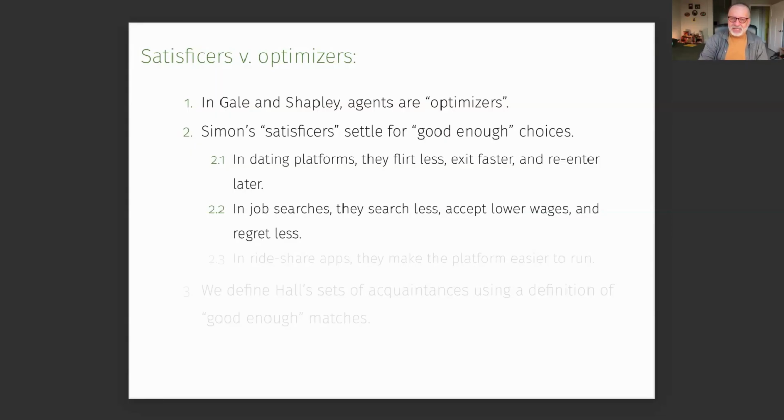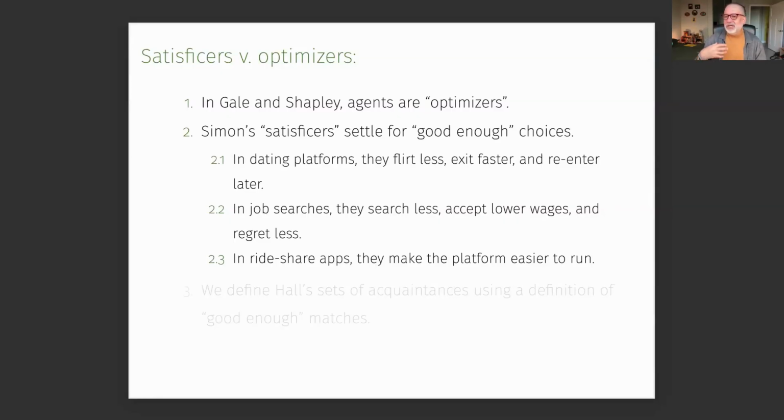And then the last point is a little bit different. This is not an empirical observation, but there are papers in computer science that are trying to see what happens in Uber or Lyft, these rideshare apps, where the current setting is algorithms that always try to find the best match for rider and driver.